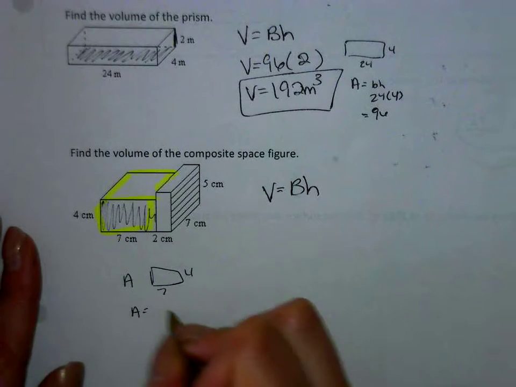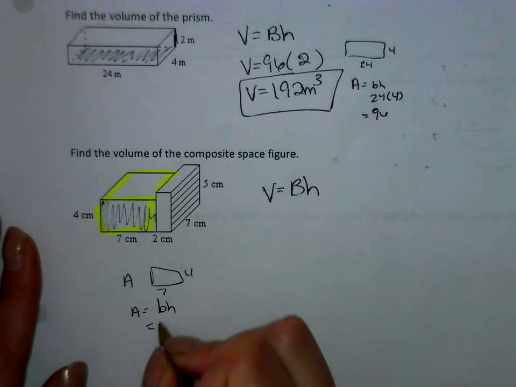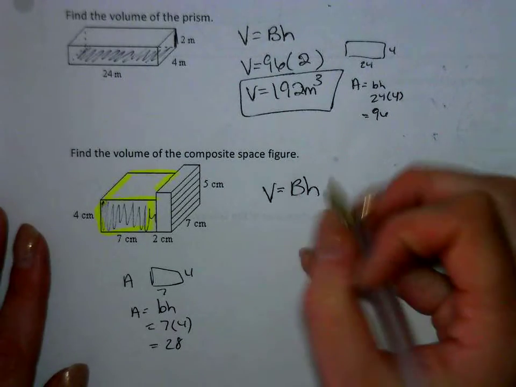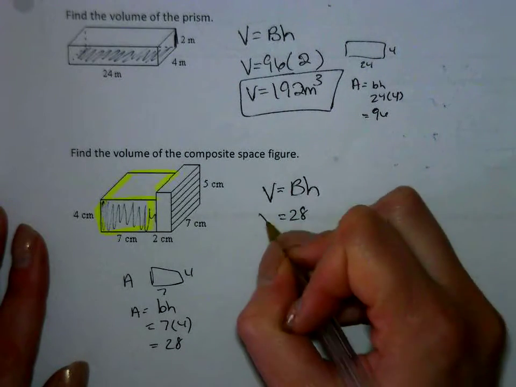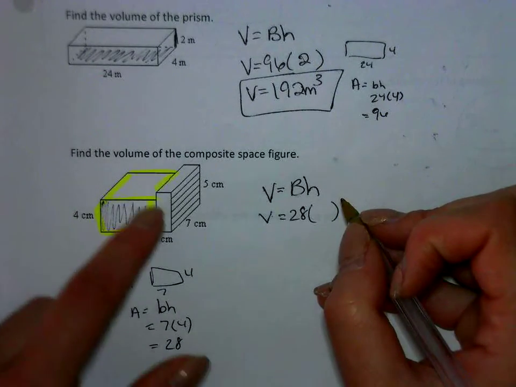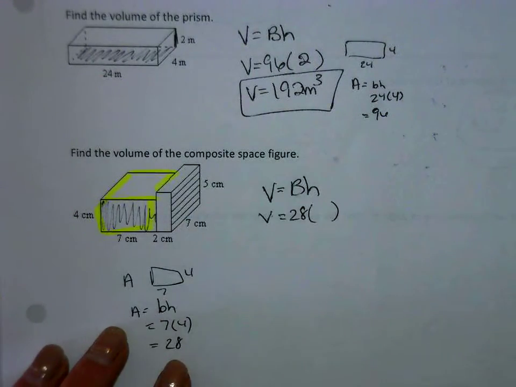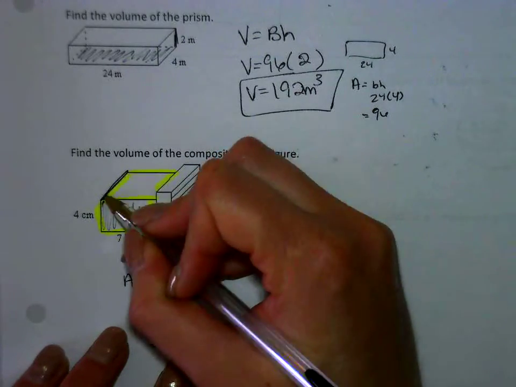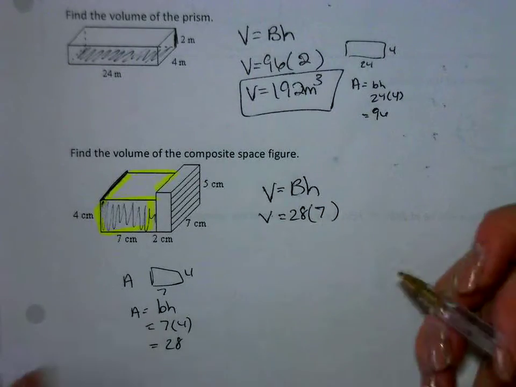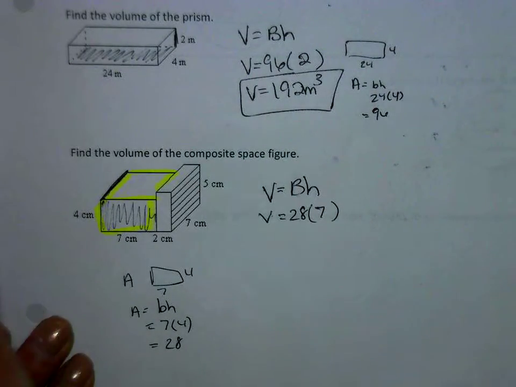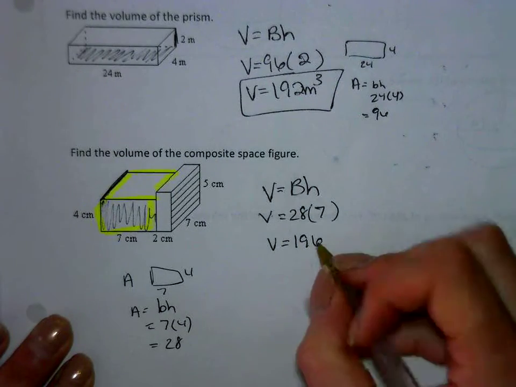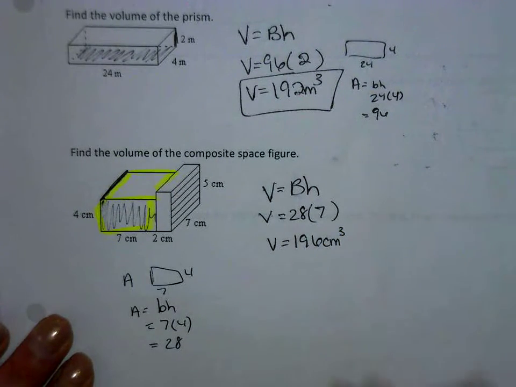So the area of that rectangle is base times height, and 7 times 4 is 28. Then we're going to multiply that by the height. If this is our base, then we know this is the distance between our two bases, which is a total of 7 centimeters. 28 times 7, we have a volume of 196 centimeters cubed.